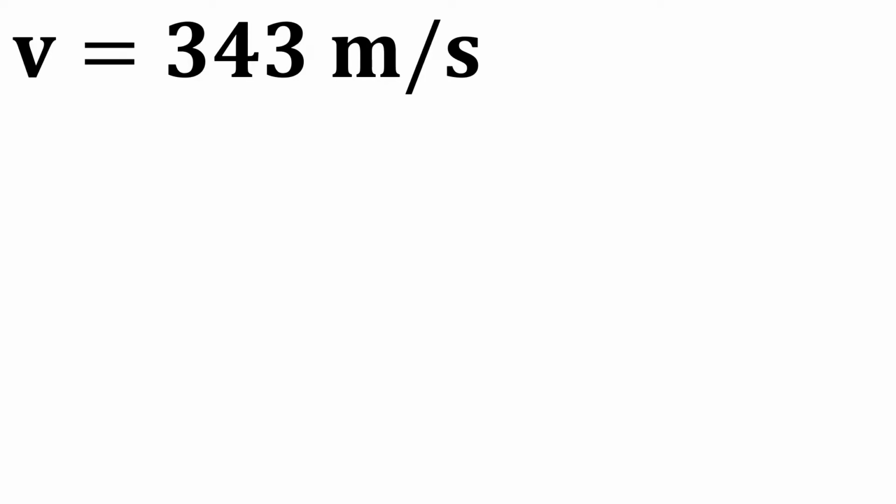The speed of sound, which I have very largely here, is 343 meters per second. And that is a very specific number. And you might ask, is the speed of sound a constant? And I respond to that by saying kind of, because for all practical purposes, at normal conditions, the speed of sound will be about 343 meters per second.